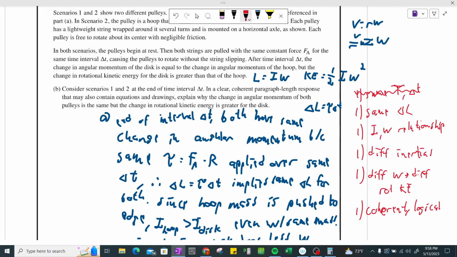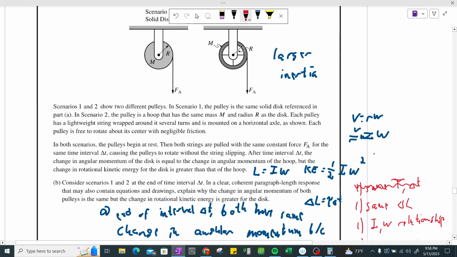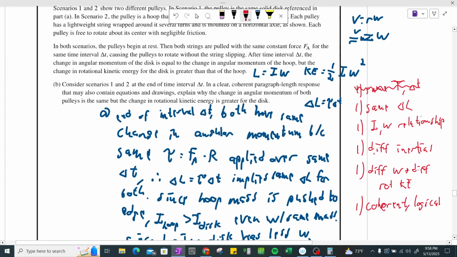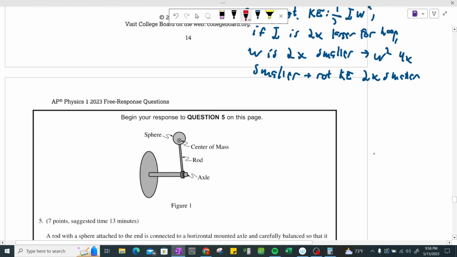When the inertia is bigger, angular velocity is smaller, and vice versa. Since the hoop has a different inertia, they did not specify it had different inertia, but that is expected that you can derive that from the image. Then that means that it'll have more inertia, means less angular velocity. Less angular velocity then means it's going to have less rotational kinetic energy.